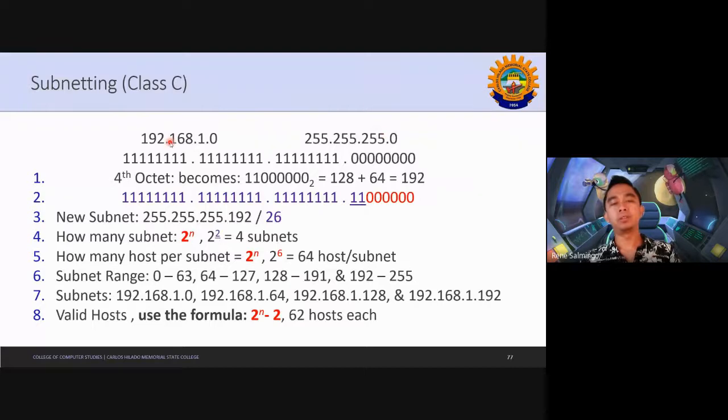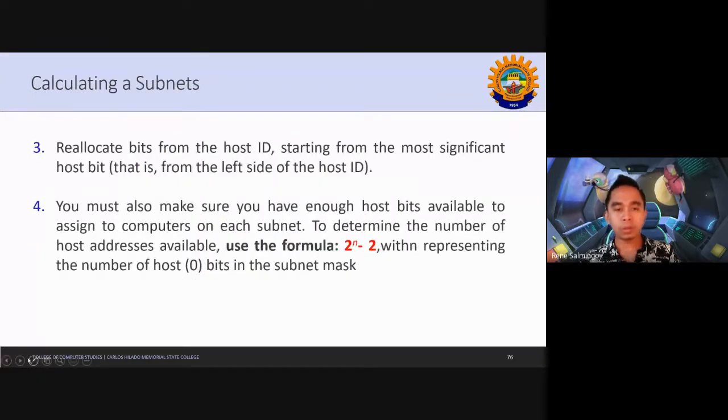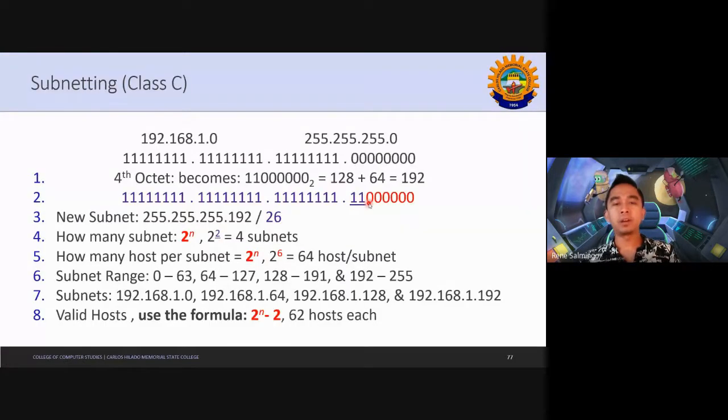Take note, if you have to compute, you have 192.168, that would be this. This is your third octet, first, second, third, and your fourth octet becomes this one.